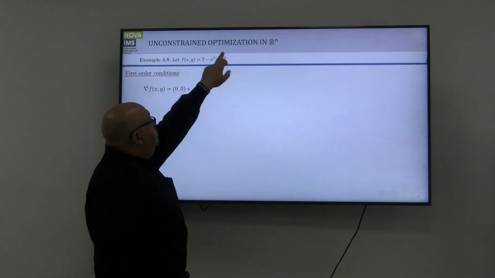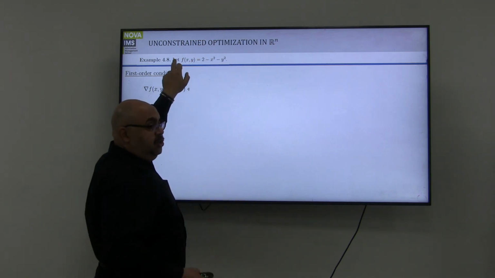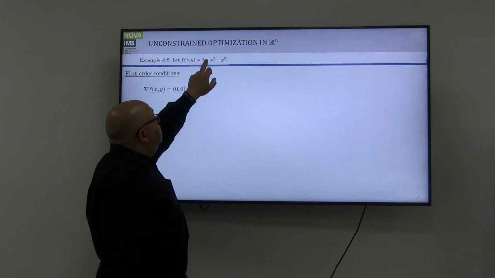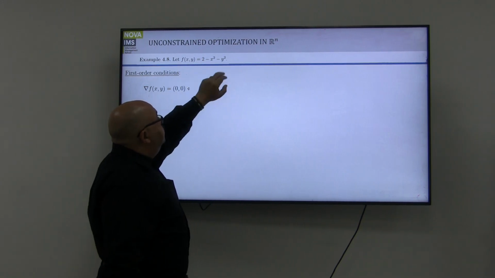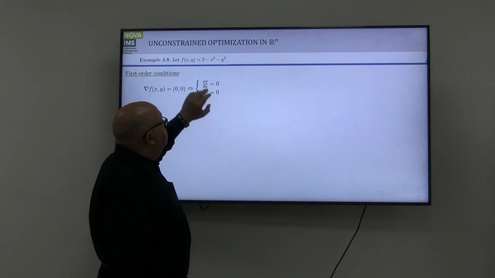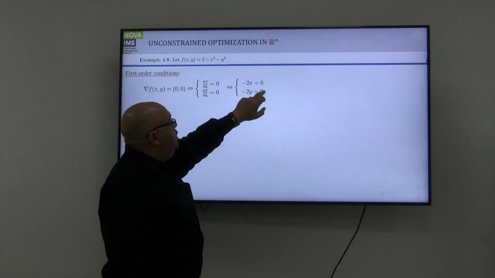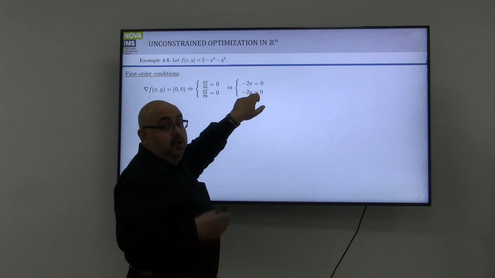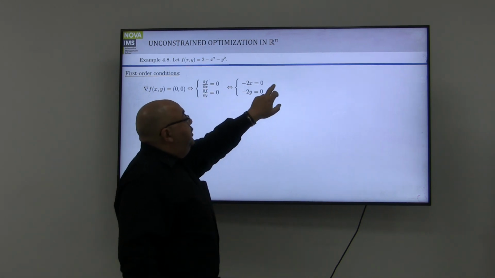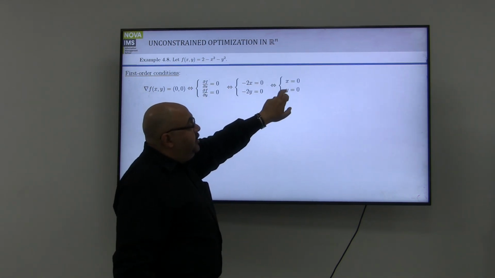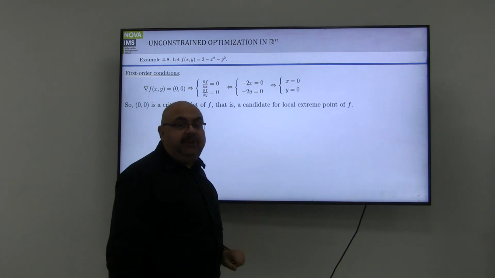Differentiating with respect to x, it is a repetition of the main steps. It's going to be negative 2x equal to 0, negative 2y equal to 0, which leads to the point 0 and 0 being the probable critical point.